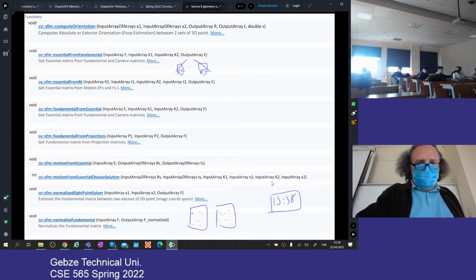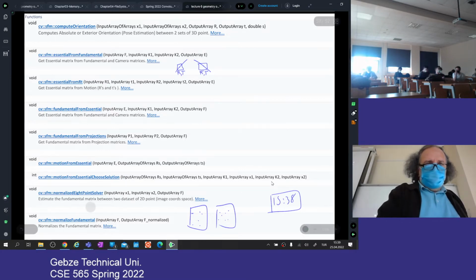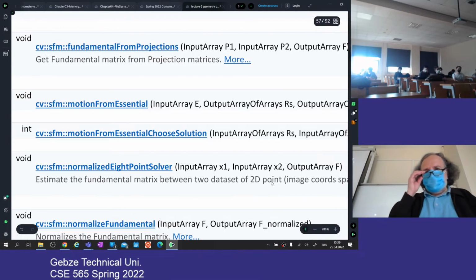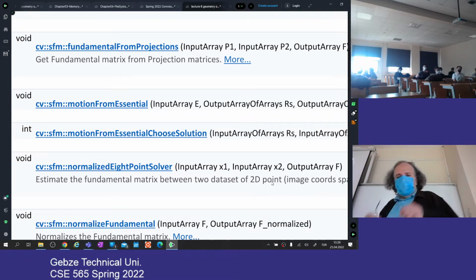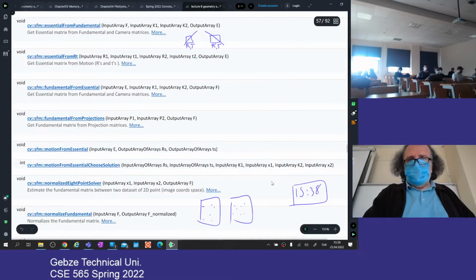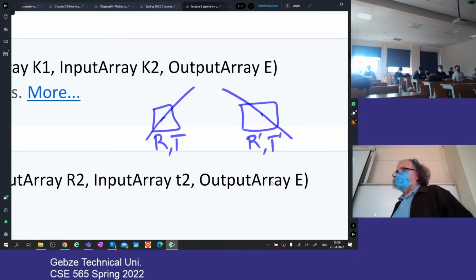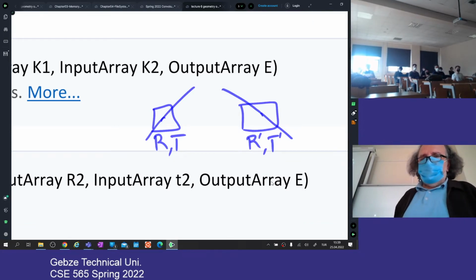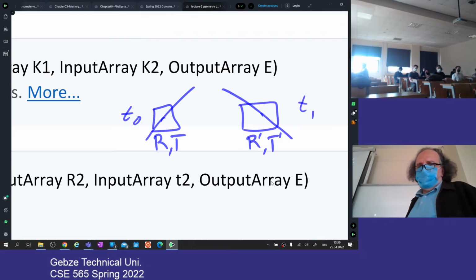Okay, so these are the functions. When we come to the motion chapter, when we talk about motion, we assumed that these two cameras are looking at the same scene at the same time. But what happens if I take this image at time t0 and this image at time t1?